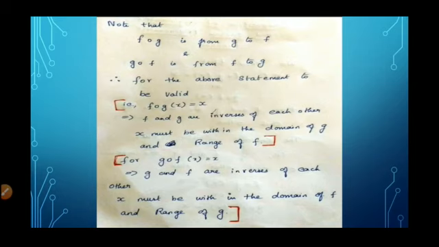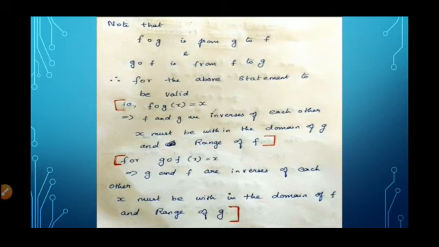It holds only if x is in the domain of g and in the range of f. Same way, g composition f of x is equal to x, then g and f are inverses of each other if and only if x is in the domain of f and range of g.